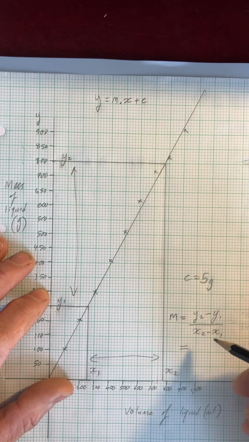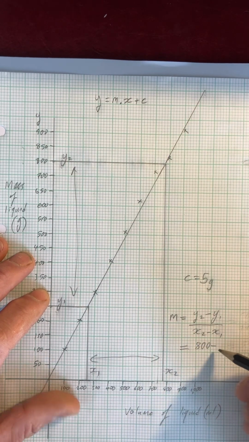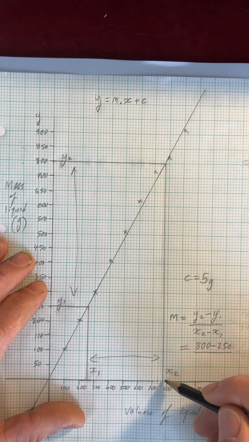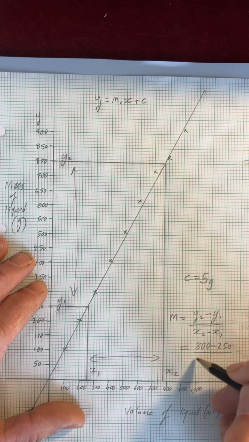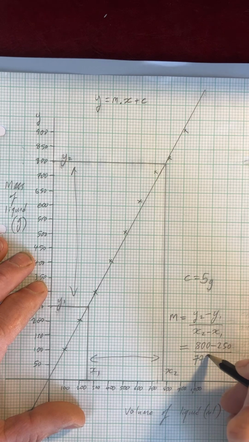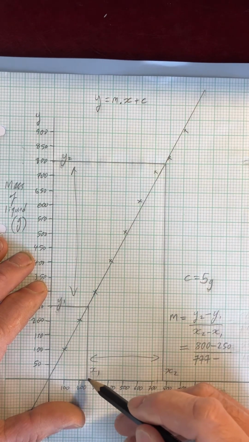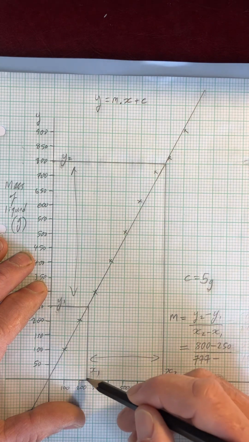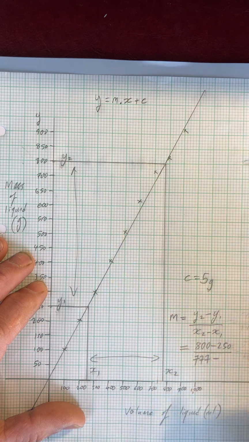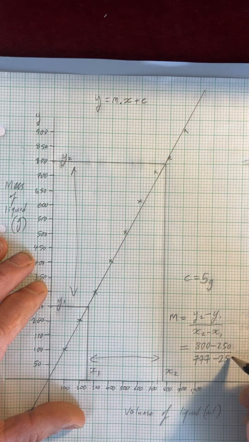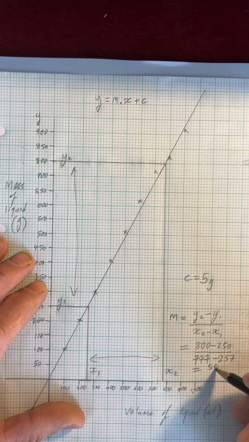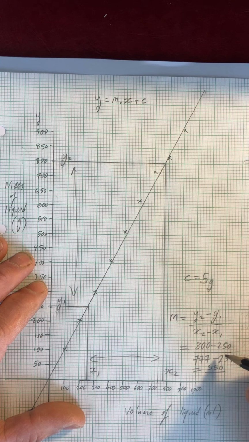So this is equal to 800 minus 250 divided by 777 minus 257, make it easy. So this equals 550 divided by 520.